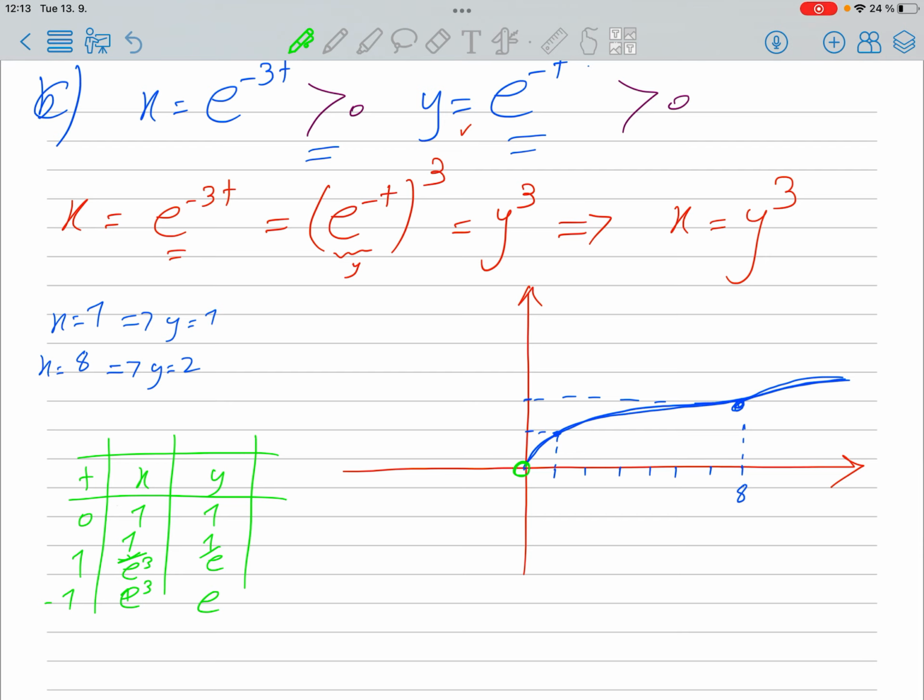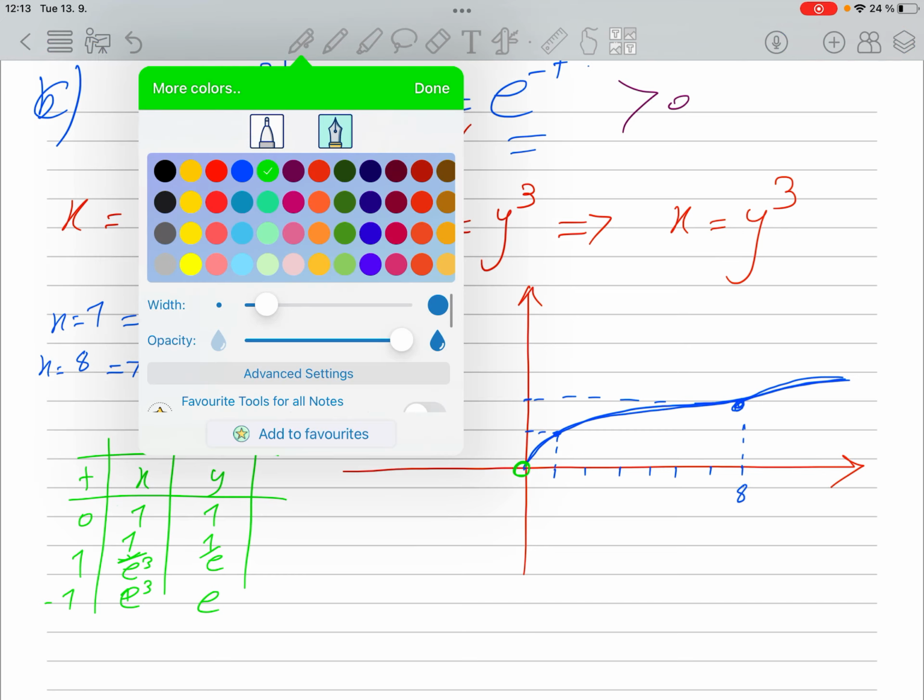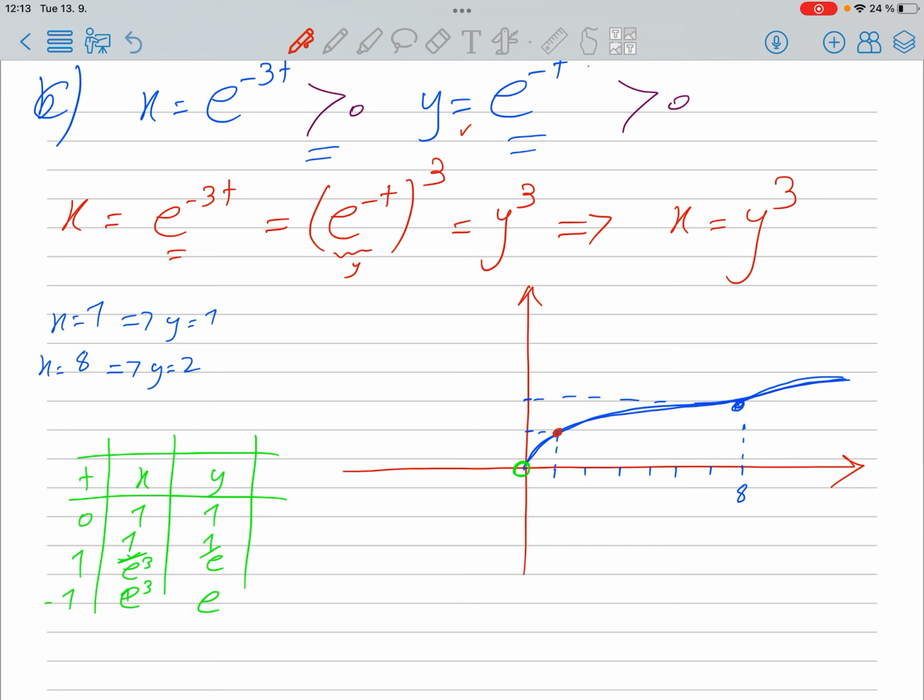So therefore, if you take t to be 0, x and y is equal to 1 and 1, which is this point, right? Which is this one, for t is equal to 0. For t is equal to 1, you have x equal to 1 over e to the third, and y is equal to 1 over e, which is somewhere here, perhaps, for t is equal to 1.